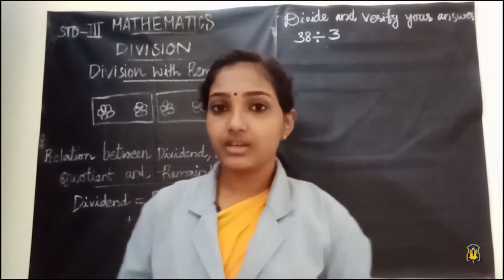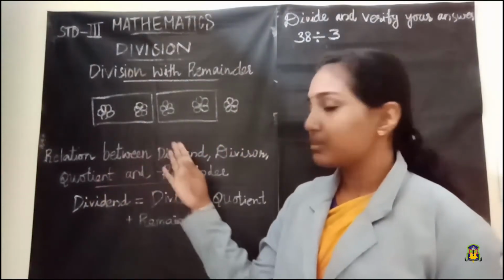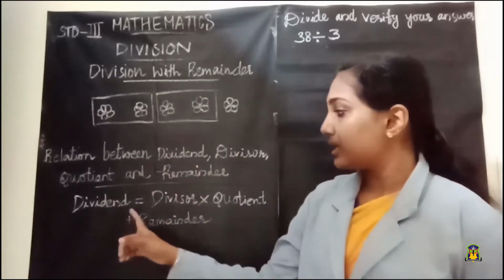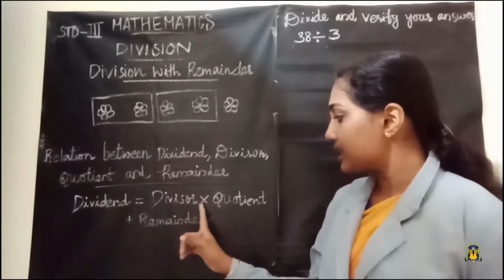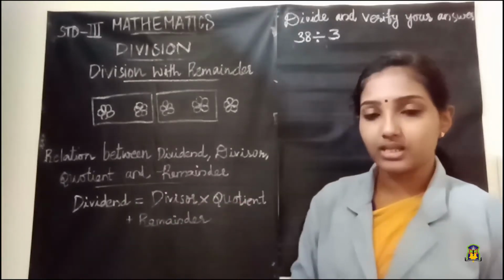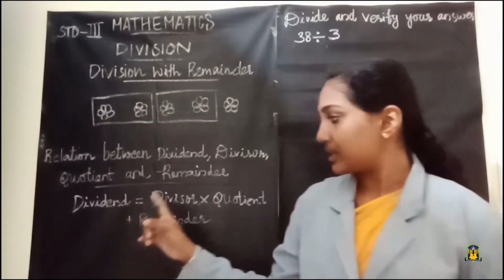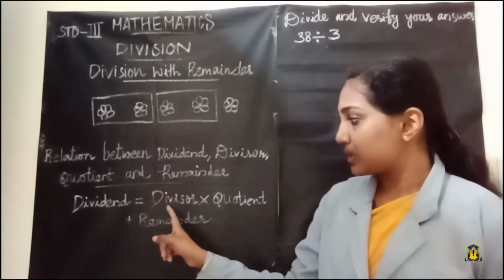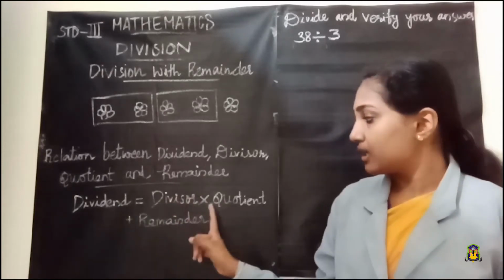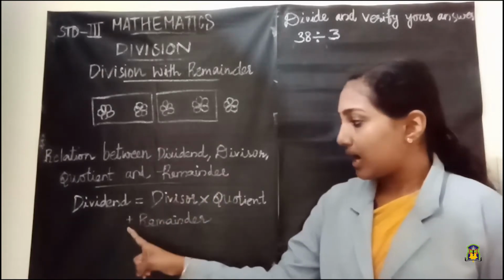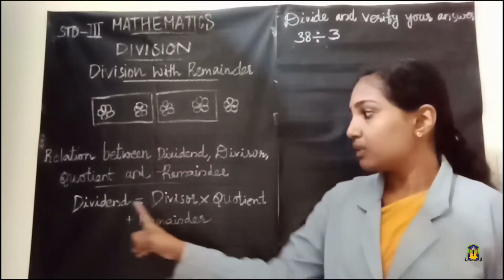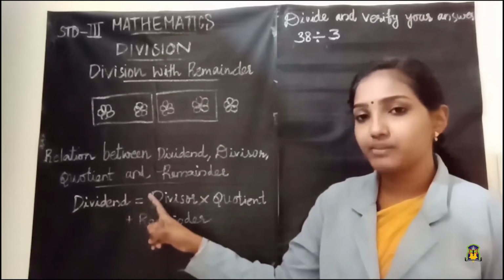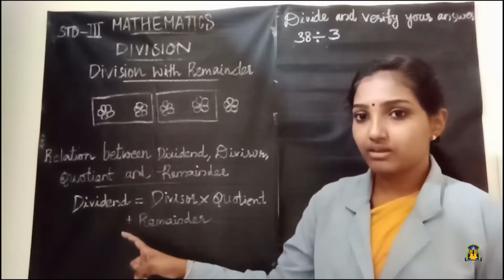Dividend is equal to divisor into quotient plus remainder. That is, when we multiply the divisor by the quotient and add the remainder to that, we will get our dividend itself.